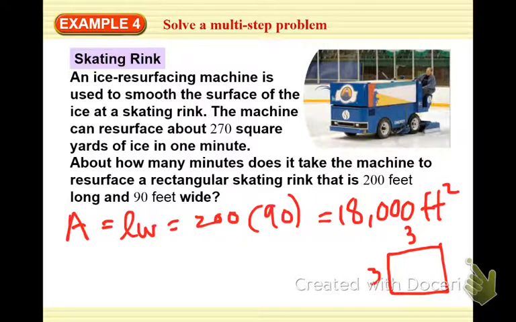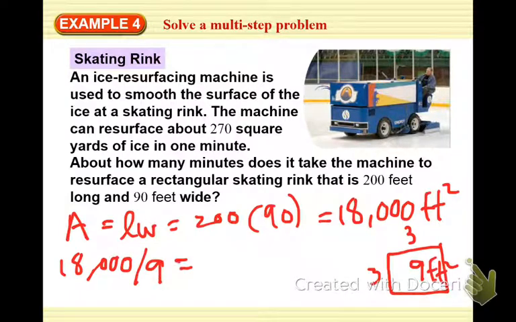So if I multiply 3 times 3 to get the area of a square yard, I get 9 feet squared. So instead of dividing by 3, we would take 18,000 divided by 9 to get the yardage. So that's going to be 2,000 yards squared.